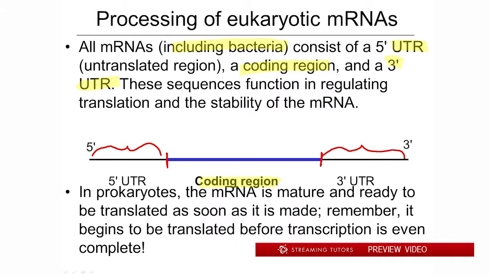So this molecule that we've diagrammed is ready to go, it can interact with the ribosome and get translated. And remember, we mentioned that in bacteria, translation can start before transcription is even finished. These two processes are happening simultaneously in bacteria.